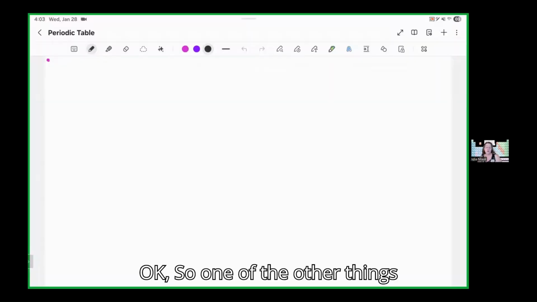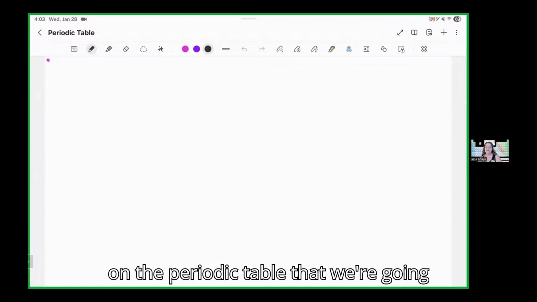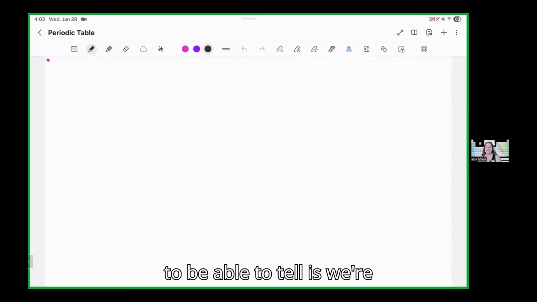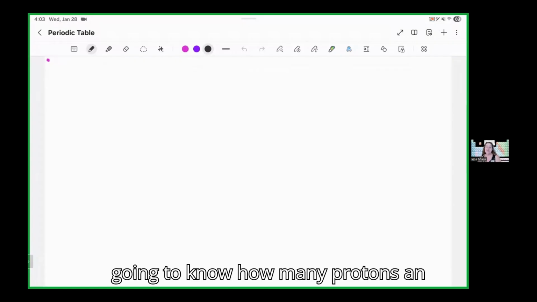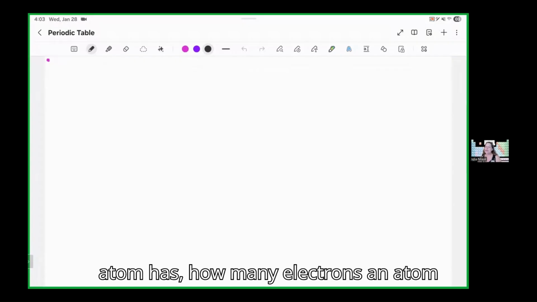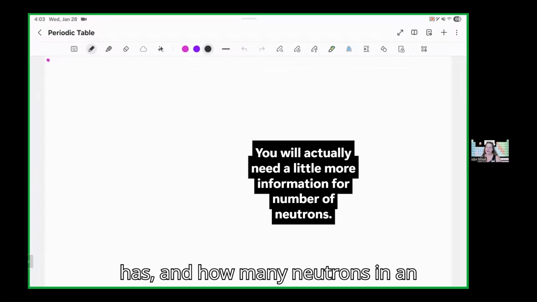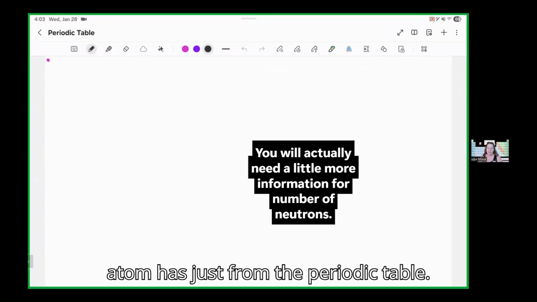One of the other things on the periodic table that we're going to be able to tell is how many protons an atom has, how many electrons an atom has, and how many neutrons an atom has, just from the periodic table.